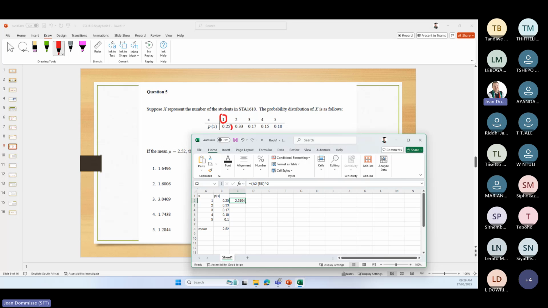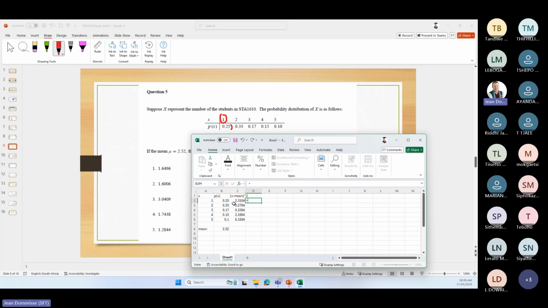And that mean, I'm just going to freeze it so that we carry it over. So that is just that first component. We still have not multiplied it by the probability. So that at the moment is just this function.